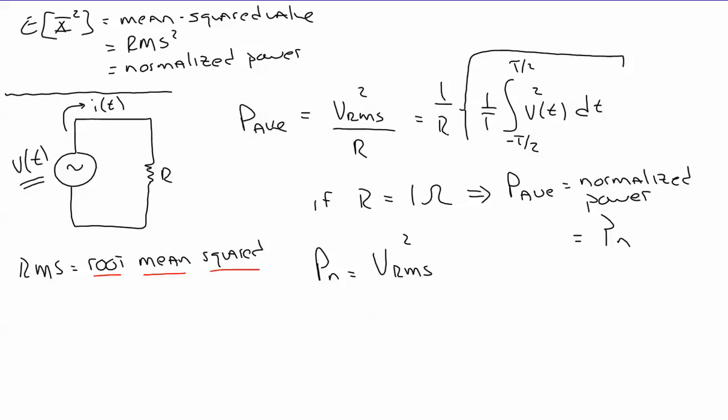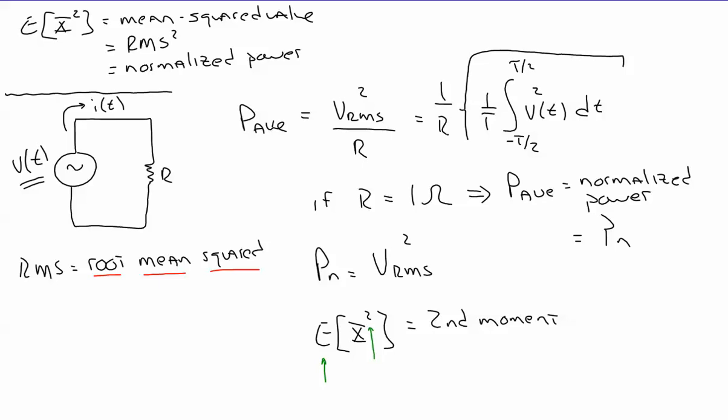Let's look at the second moment. What am I doing? The first thing I do is I square my random variable. The second thing I do is I find its mean. The square of the RMS value is just the mean squared.